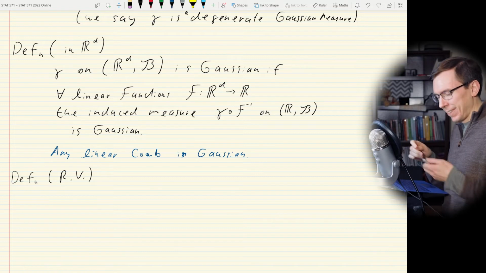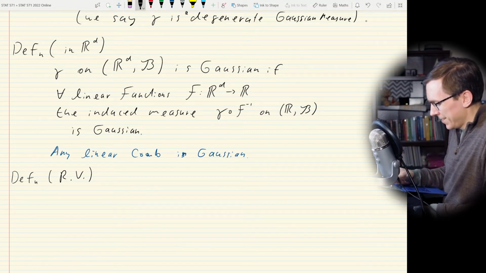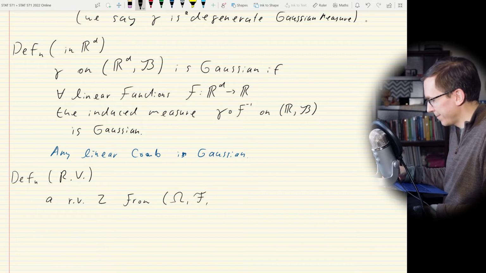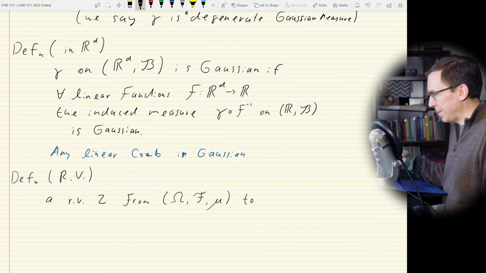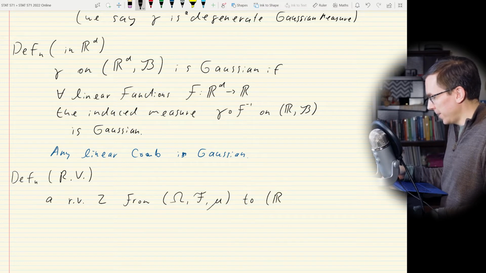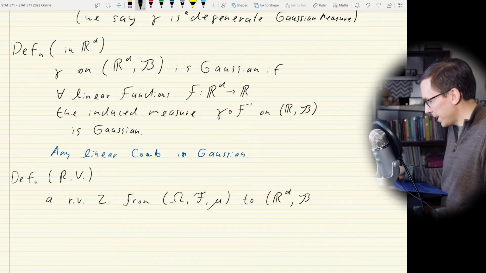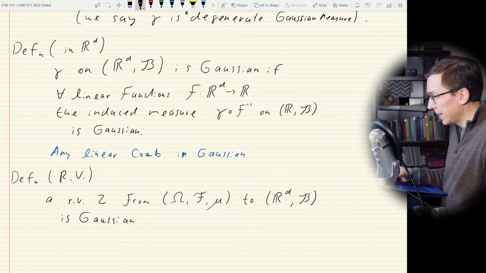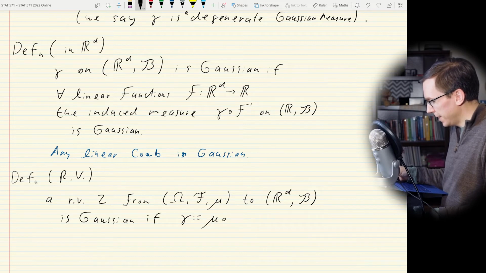So I'll write it out like that, which is, a random variable Z from some probability space, omega, F, I'm using mu this time, maybe I should have used P, that doesn't really matter, to R^D with the Borel sets, is Gaussian if gamma, defined as mu of Z inverse, is a Gaussian measure.